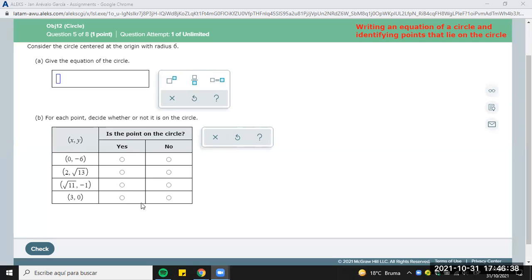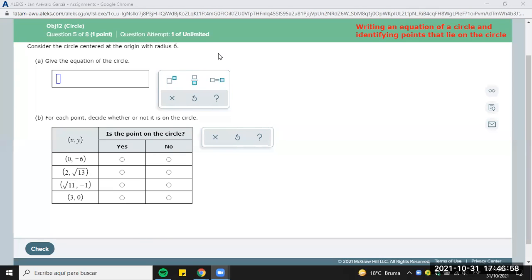You will see that the points that are going to be in the circle or on the circle are the coordinates that, when you substitute the values, give you an equation that is true.